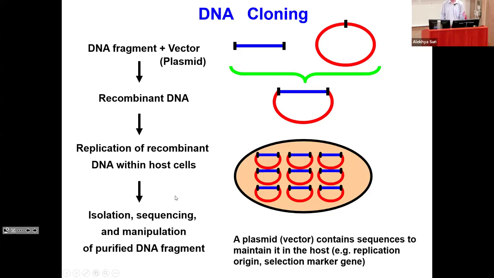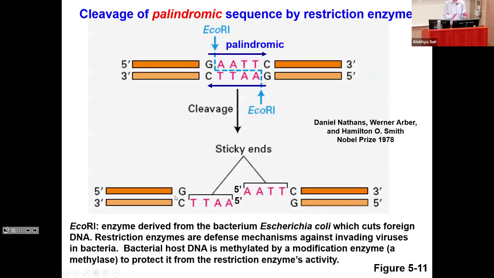This could be bacteria, insect cells, or yeast, for example. You would create a high number of plasmid DNA copies, and then isolate this plasmid DNA sequence. You can manipulate and mutagenize it.